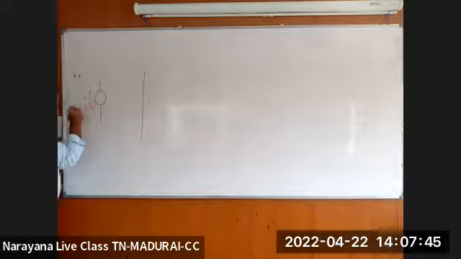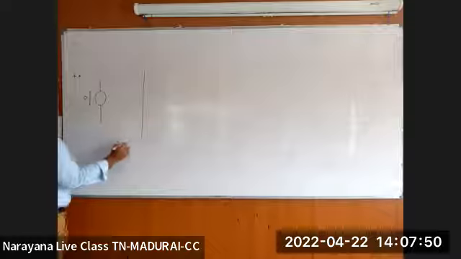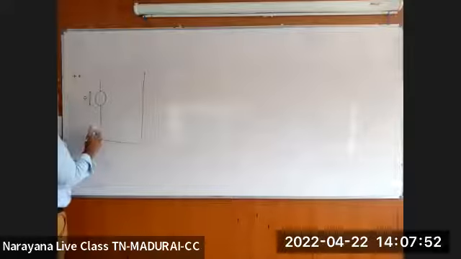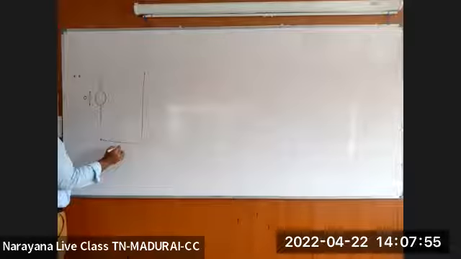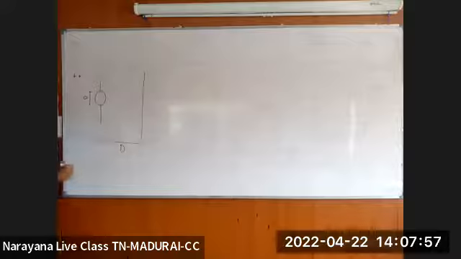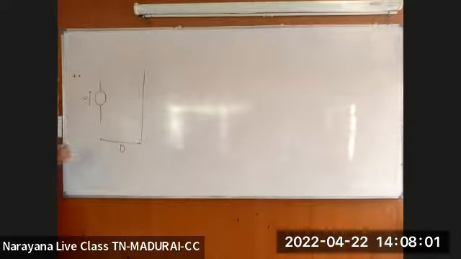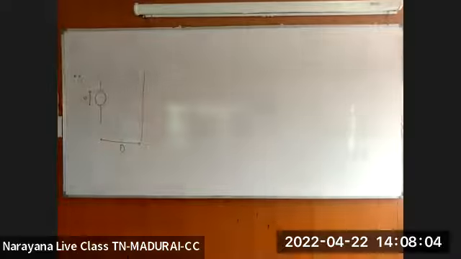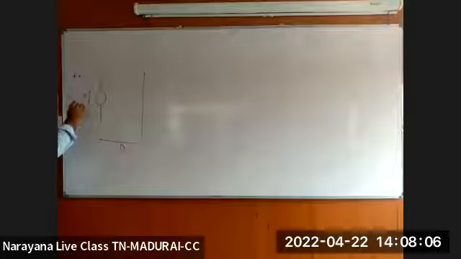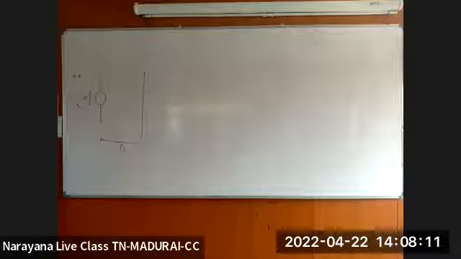Let's say the diameter of the circular slit is small a, and the distance between the plane of the slit and the plane of the screen is capital D. Just before this, I have placed a monochromatic source of light. Let's say the wavelength of the monochromatic light that you have used is lambda.